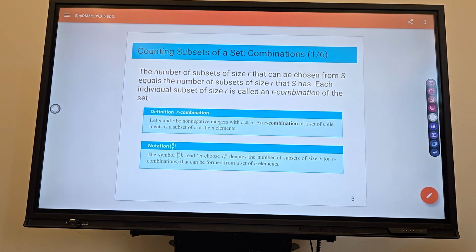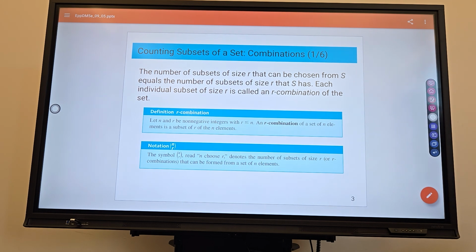Let n and R be non-negative numbers, with R being less than or equal to n. An R combination of a set of n elements is a subset of R of the n elements. So it's just different combinations of elements in the set make up the subsets.